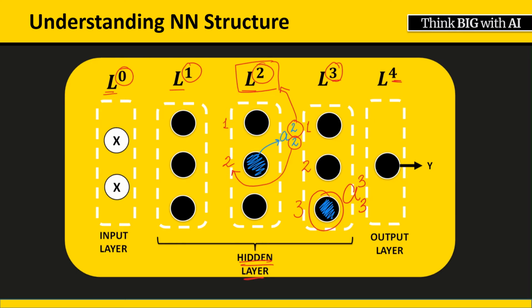Let's suppose we want to identify another node. So let's go to layer 1 and identify the middle node. Here, the location of the middle node is second and it is in layer 1. So it could be identified easily as A1,2, where the layer is 1 and the location in the layer is 2.